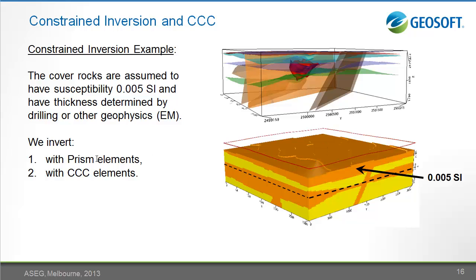One, I'm going to use prism elements in the inversion, and secondly I'll use Cartesian Cut-Cell elements to represent the terrain. So then we'll compare those two. The important thing is that in this constrained inversion this cover sequence is assumed known, and what I'll show in the following images is a plan view slice through the inversion result at this depth, which slices through the ore zone.